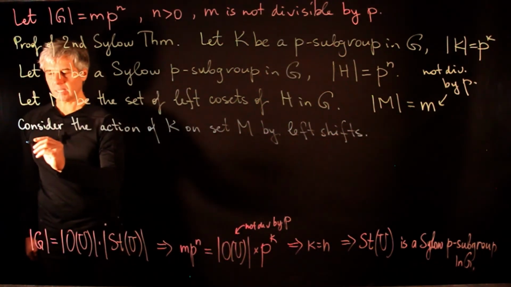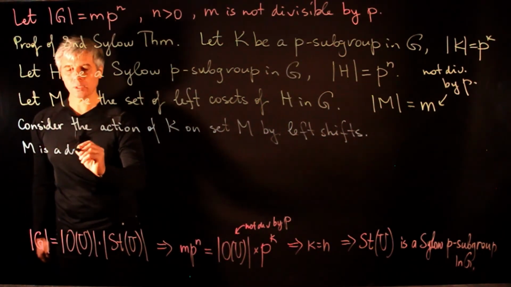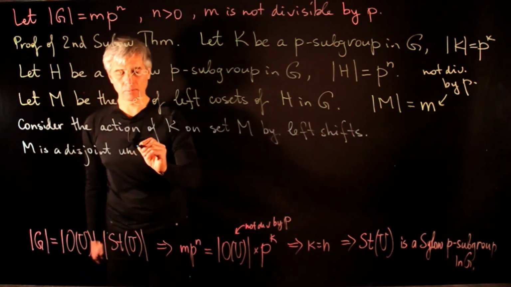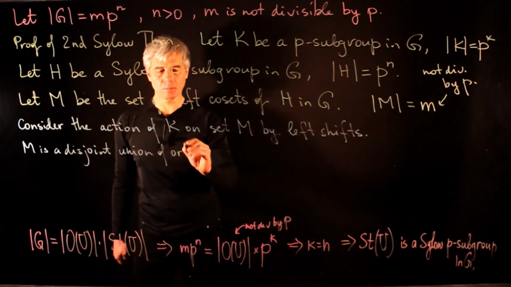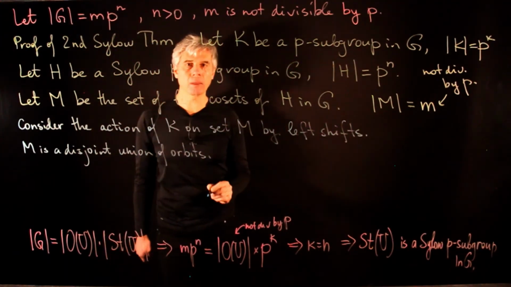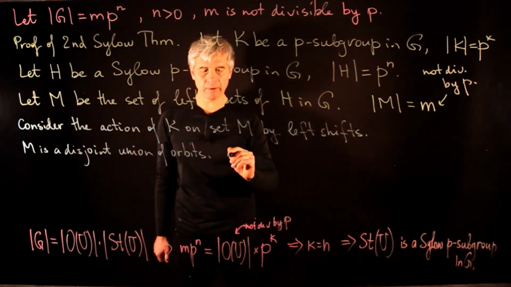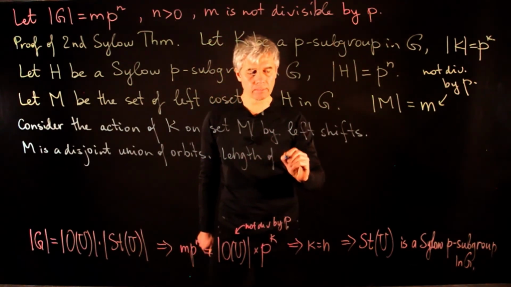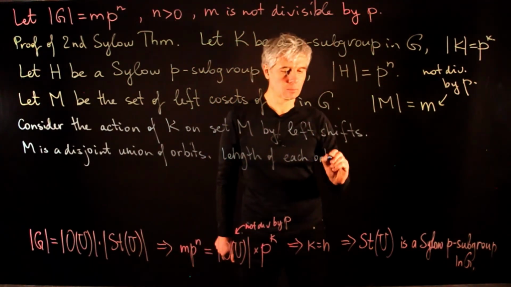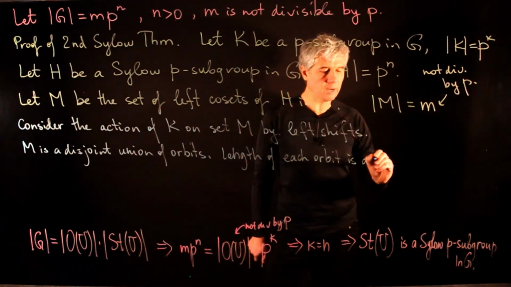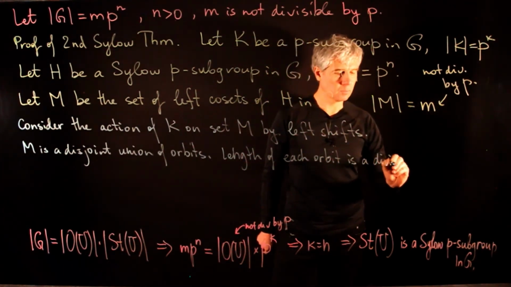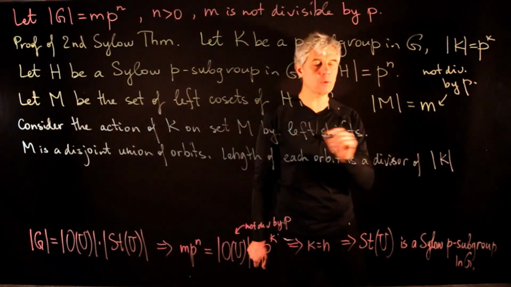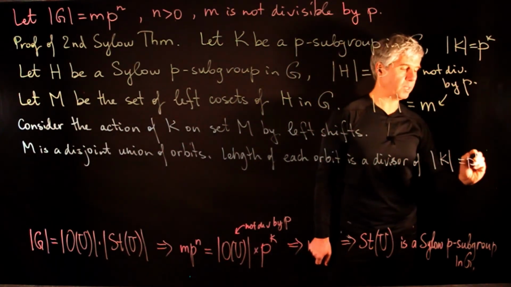Our general theory says that M is a disjoint union of orbits. And by the orbit-stabilizer formula, the length of each orbit is a divisor of the order of the group, which is K, because we consider the action of K on this set, and which is a power of p.